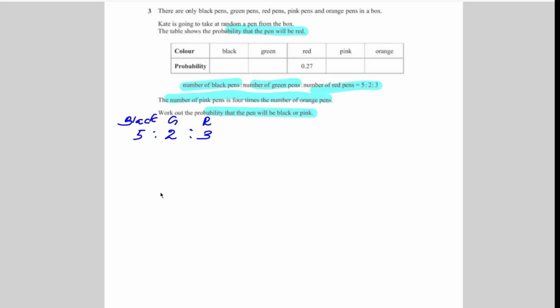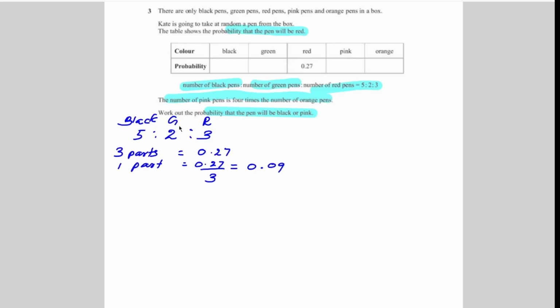After that, we can write 3 parts. Because for red the probability is given, 3 parts are represented by 0.27 probability. Then 1 part can be figured out by 0.27 divided by 3, which gives 0.09.